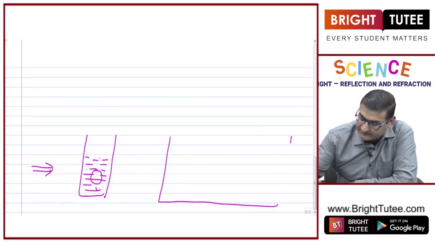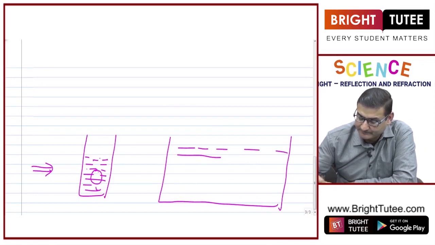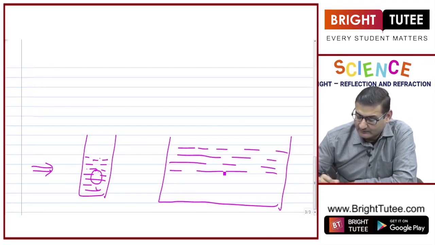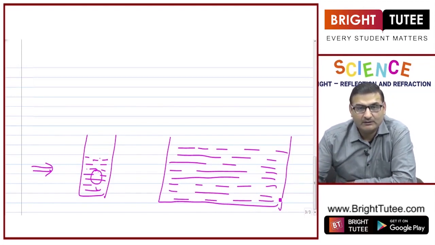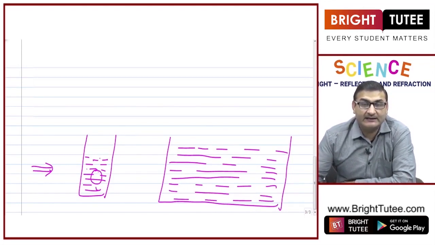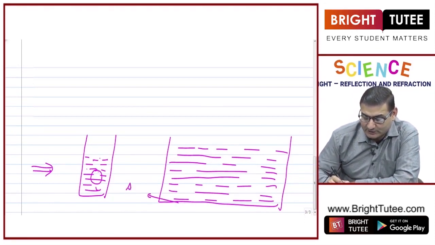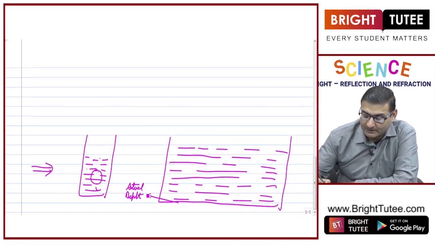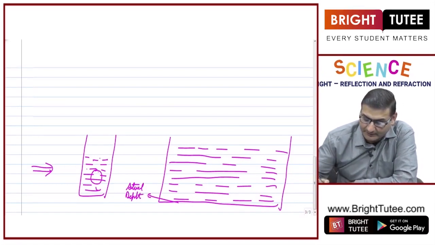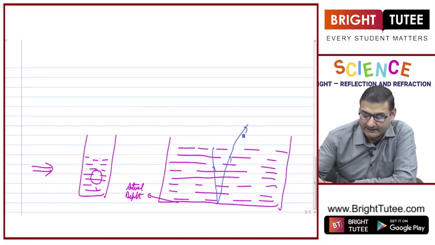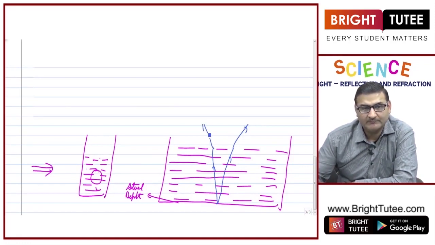You must have visited swimming pools. Now, it is a normal phenomenon that swimming pools appear to be less deep than they actually are. Let us see. This is the actual depth of the swimming pool. Fine. The rays of light which are going from this actual bottom, when they go from water to air, again they will bend away from the normal.